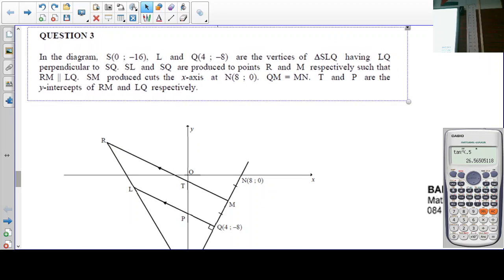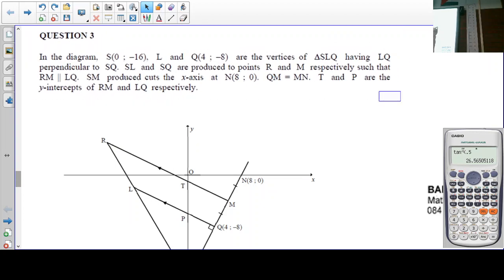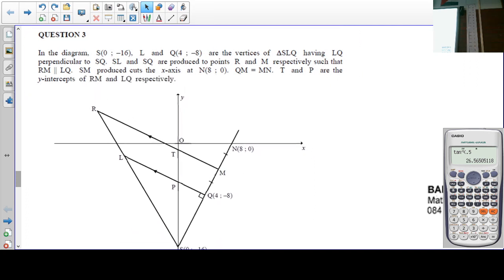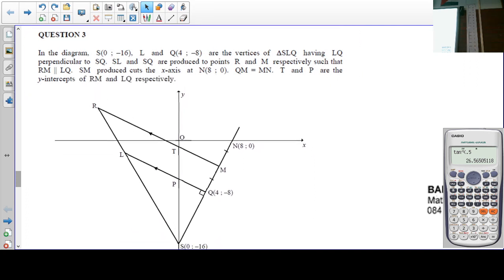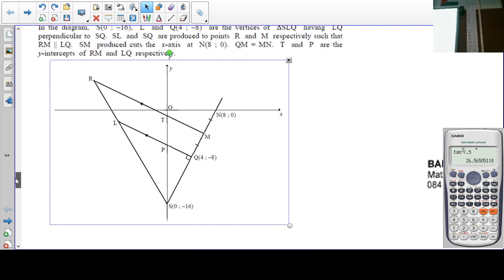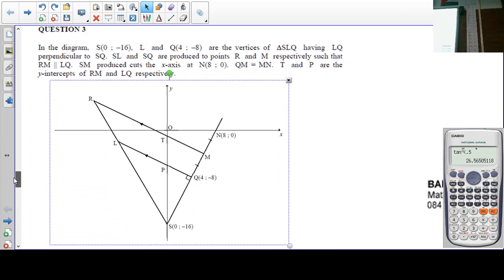In question 3 we are told that in the diagram S, which is 0 and negative 16, and here we find S to be there.